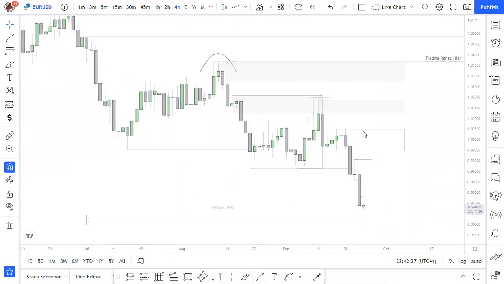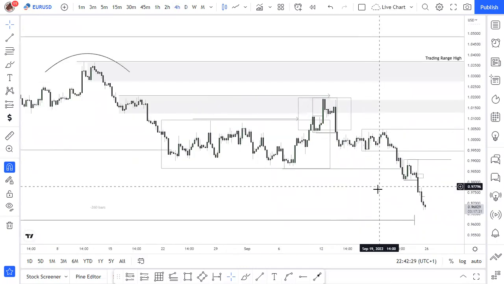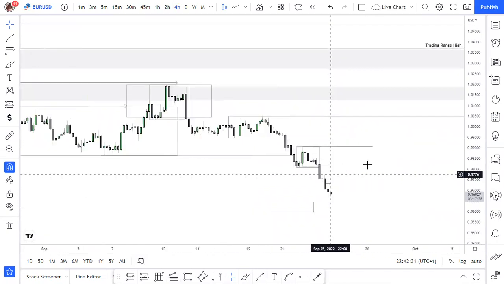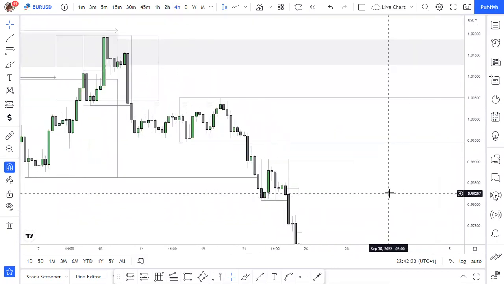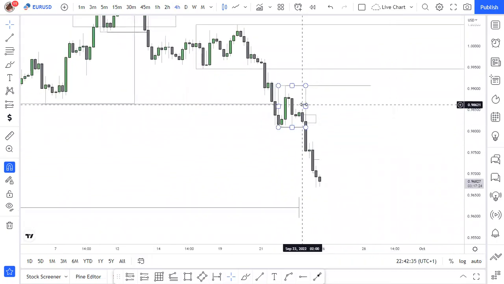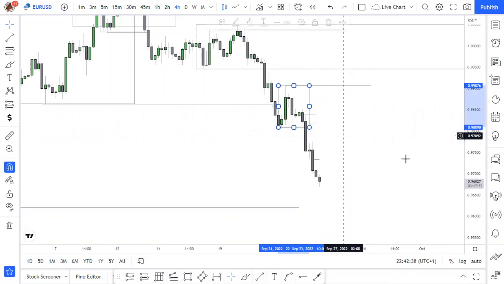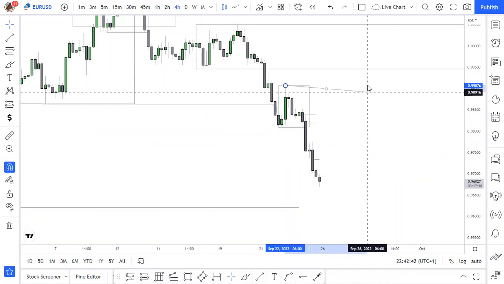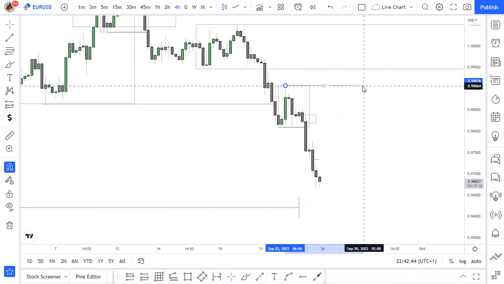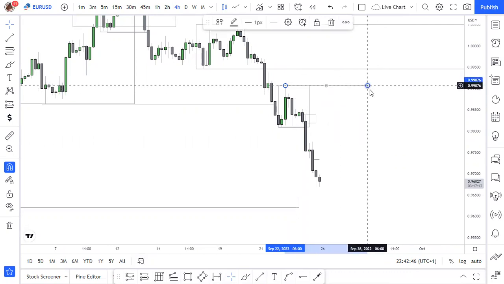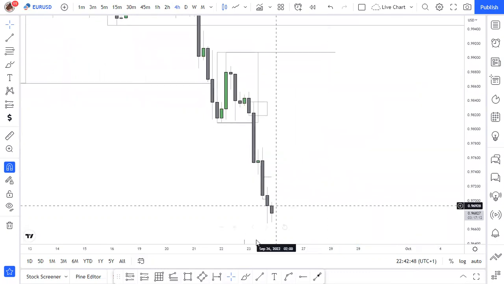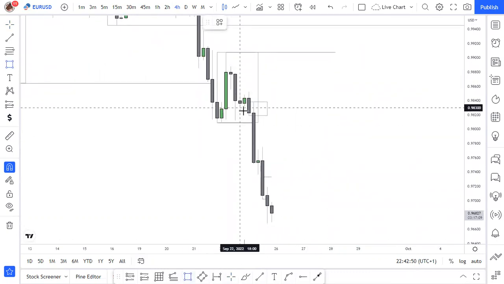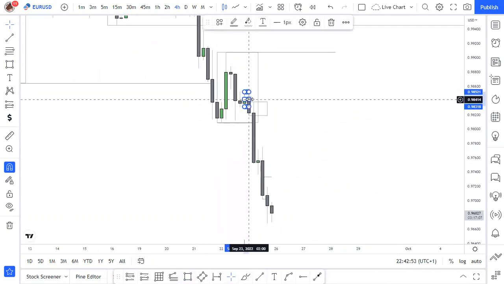So over here on the 4-hour time frame, the whole trading idea is just the same as that of the dollar index. We have this to be our last lower low on the 4-hour time frame. So we still want to see price, I say, okay, we have this engulf candle here.